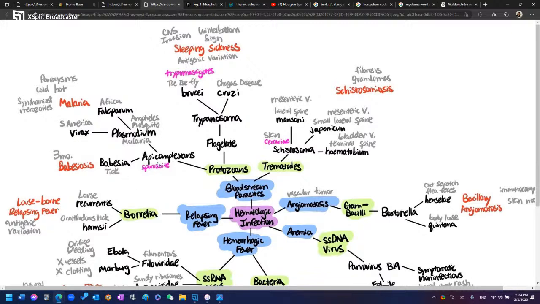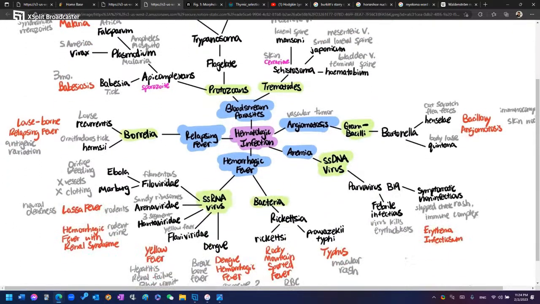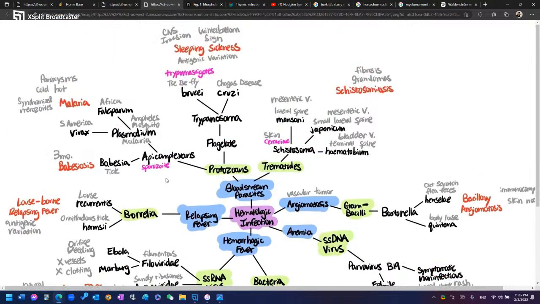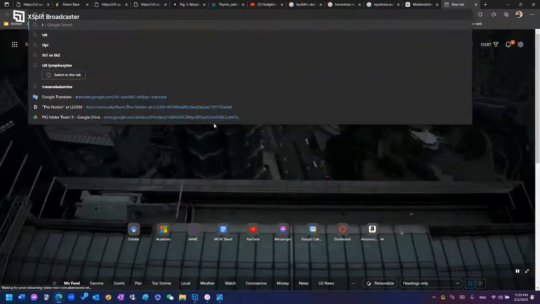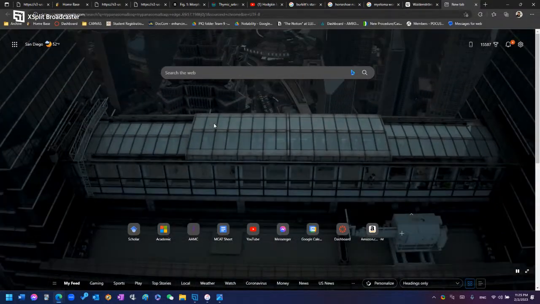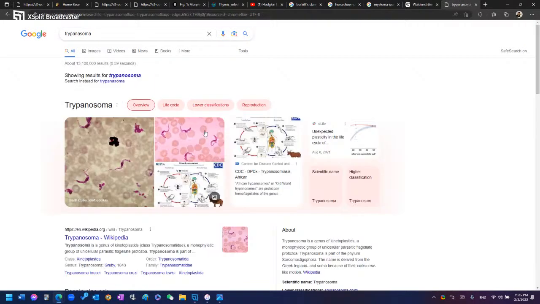So if you're thinking about apicomplexans, think Babesia, Plasmodium in the blood. Okay. Cool. Flagellates, think Trypanosoma. Let's get a photo of Trypanosoma. These are nasty little worm things.